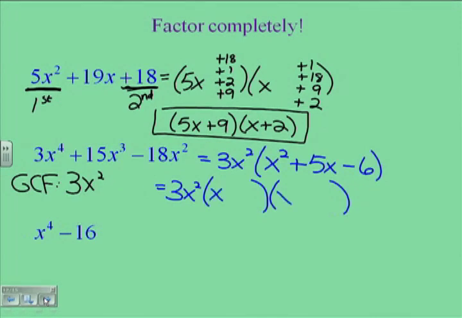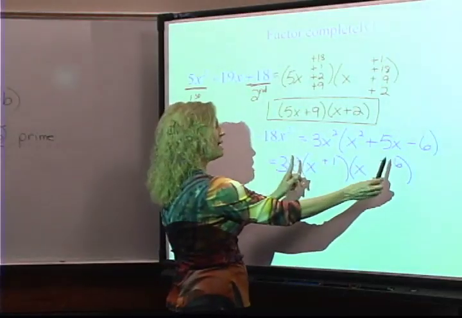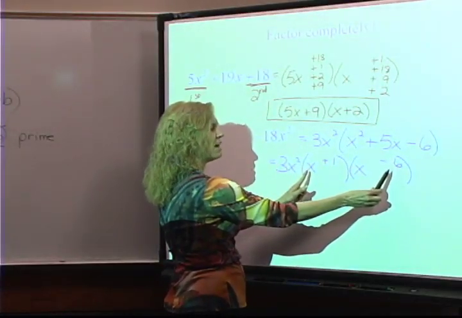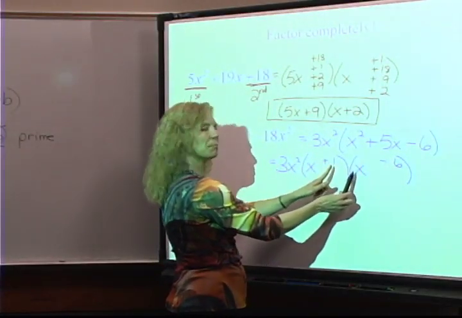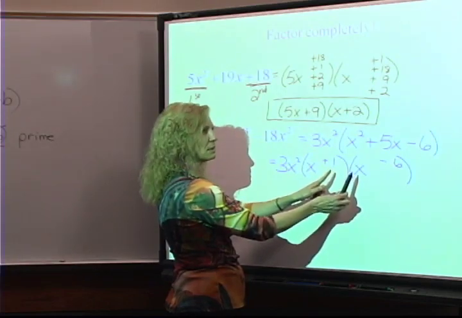It would have to have an x coming first, and then, let's see here, to get a negative 6, oh, it has to be negative? Well, that means that I could have like a positive 1 and a negative 6. And if you check outers, negative 5x, inners, plus 1x.